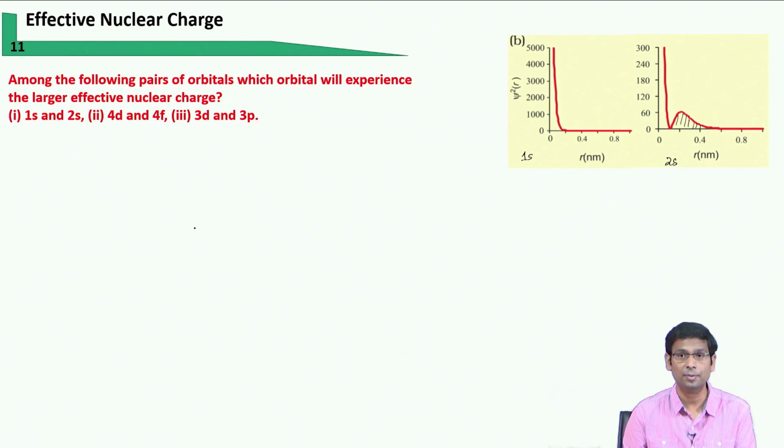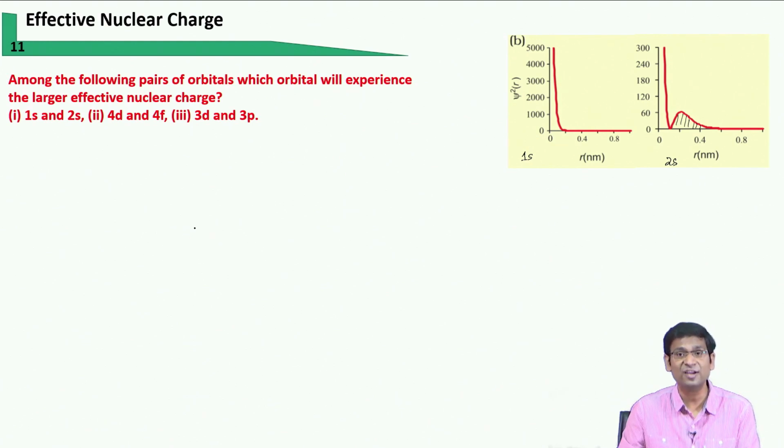So when you have more electrons, not all electrons will experience the nuclear charge to the same extent. The extent to which an electron experiences the nuclear charge is given by the effective nuclear charge. Roughly, when the electron is farther and farther away from the nucleus, it is going to experience less of the nuclear charge.